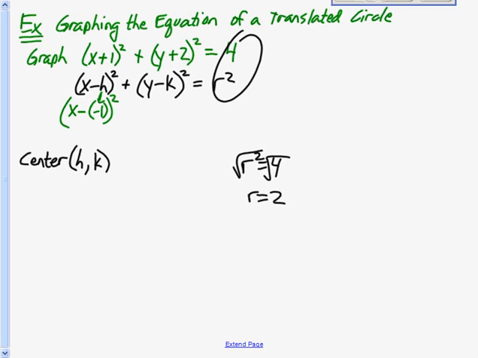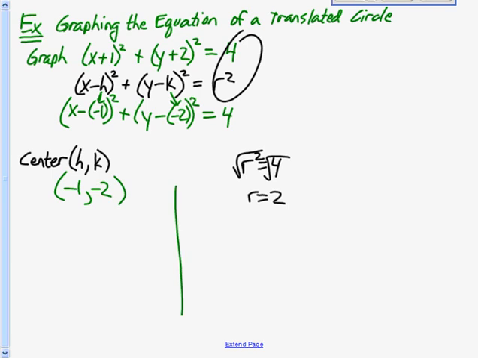So h is negative 1, comma, what would our k be? Maybe let's rewrite that y plus 2 as y minus a negative 2 so we don't mess up identifying our k. So our k must be negative 2. We've got this center, (-1, -2), and now we just go from there.